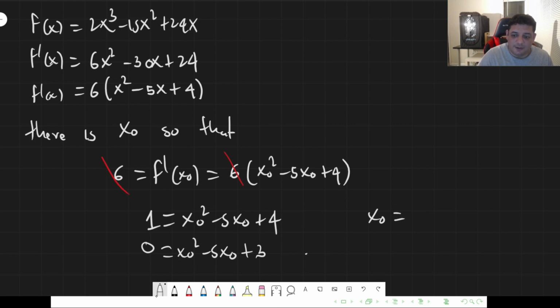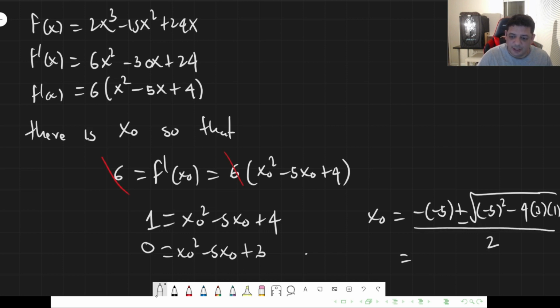So x0 is minus b, which is 5, plus or minus the square root of b squared, which is minus 5 squared, minus 4 times 3 times 1, which is a, all over 2. And so now this is going to be 5 plus or minus the square root of 25 minus 12, divided by 2. And so this is 5 plus or minus the square root of 13, divided by 2.